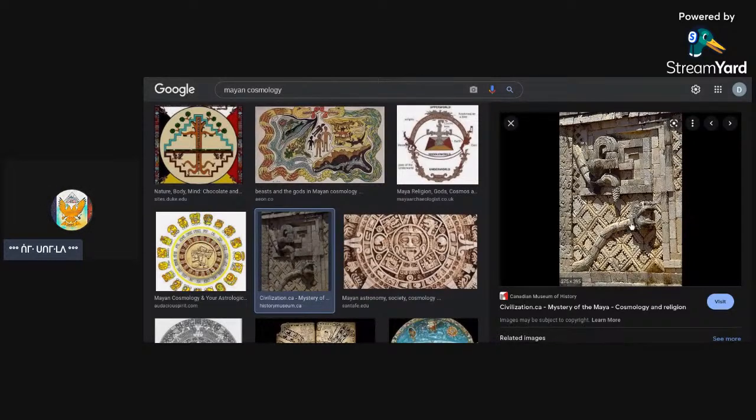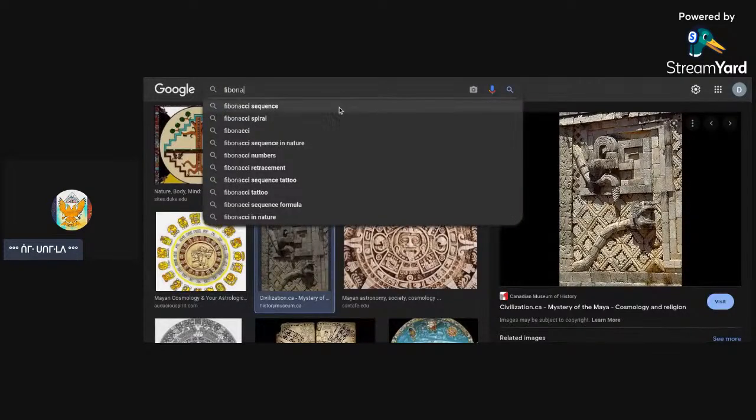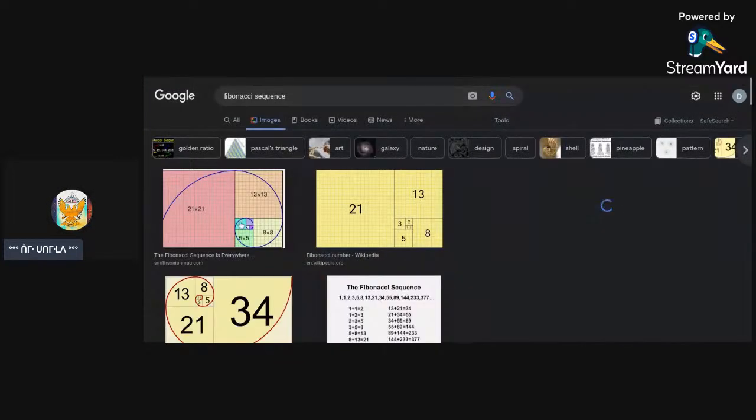Because you also have this spiral being made with squares up here, and like I told y'all, the Fibonacci sequence is all based on the square, and every single spiral is going corner to corner like that.